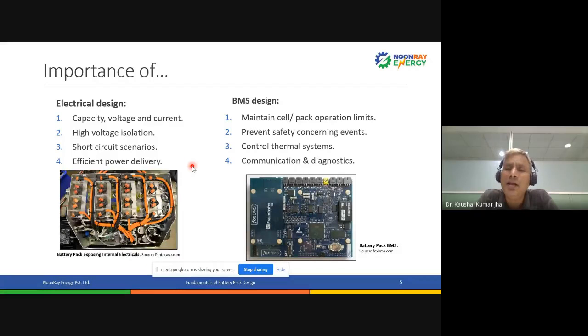And if there are any faults, it should register those faults and tell us when this vehicle is supposed to go to maintenance, or that this particular system is not working, please check. Such type of thing. So it's basically the brain of the battery, which does all the things for a battery pack.